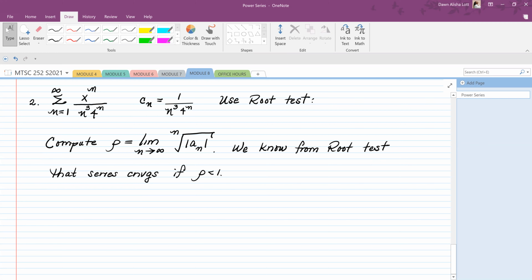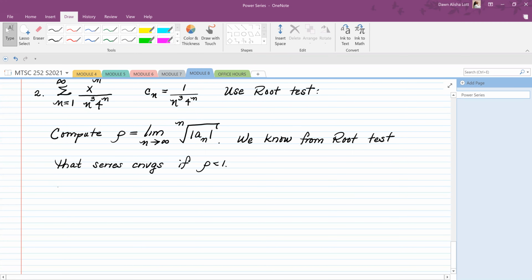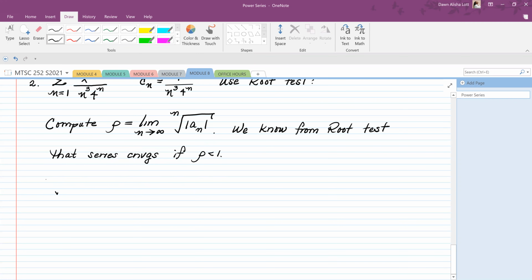So let's compute rho. The absolute value of a_n is going to be the absolute value of x to the n divided by n cubed 4 to the n.